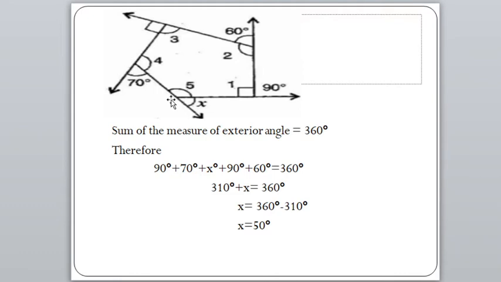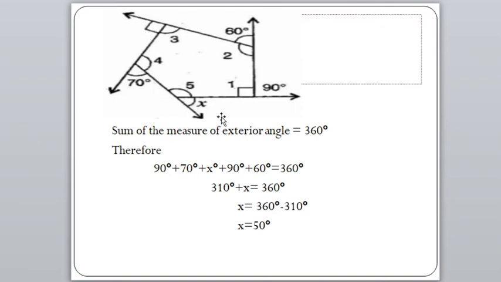It means if we add all these angles, it equals 360 degrees. Here the first angle is given as 70 degrees, next is x which we have to find, next is 90 degrees, next one is 60 degrees, and here an angle is not given, but we can see that it is a right angle. Sorry, it is a right angle, and if it is a right angle then its measure is 90 degrees. So we will consider this angle as 90 degrees.